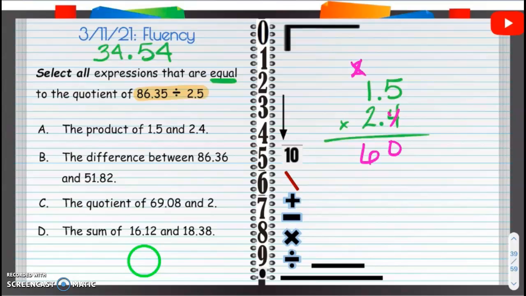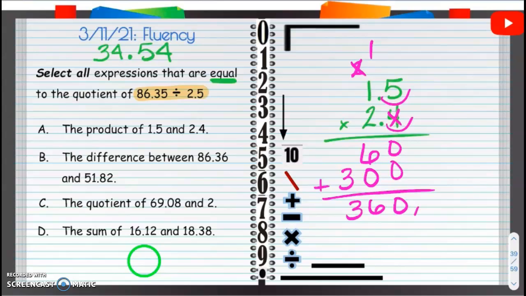Done with that 2, done with that 4, placeholder 0. 2 times 5 is 10. 2 times 1 is 2 plus 1 is 3. We'll add these up: 0, 6, 3. Nope, so that is going to be too small. So 3 and 60 hundredths is not going to be equal to that.